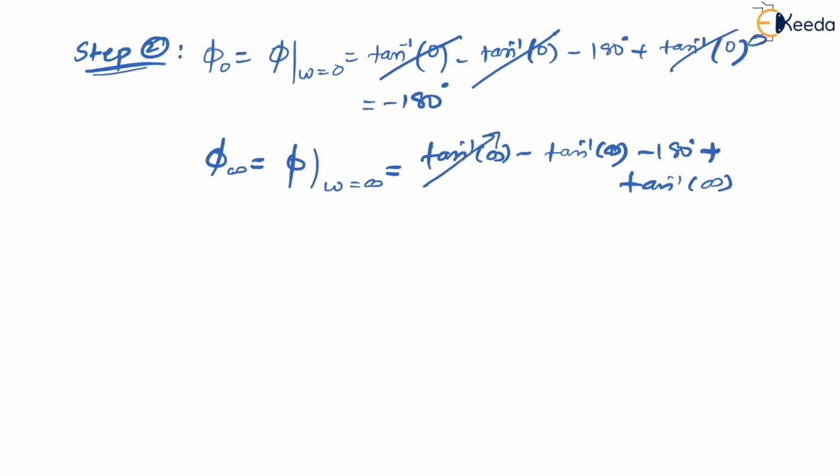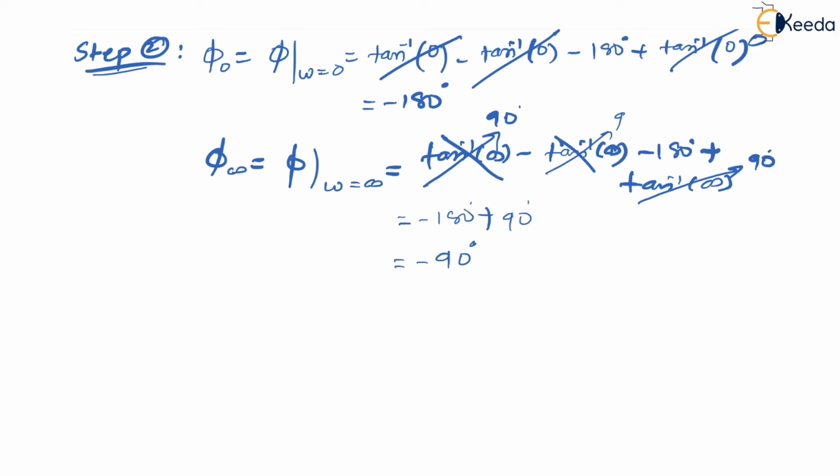Tan inverse of infinity is 90 degrees, so the first two cancel out, and you have minus 180 degrees plus 90 degrees, which is going to be minus 90 degrees.